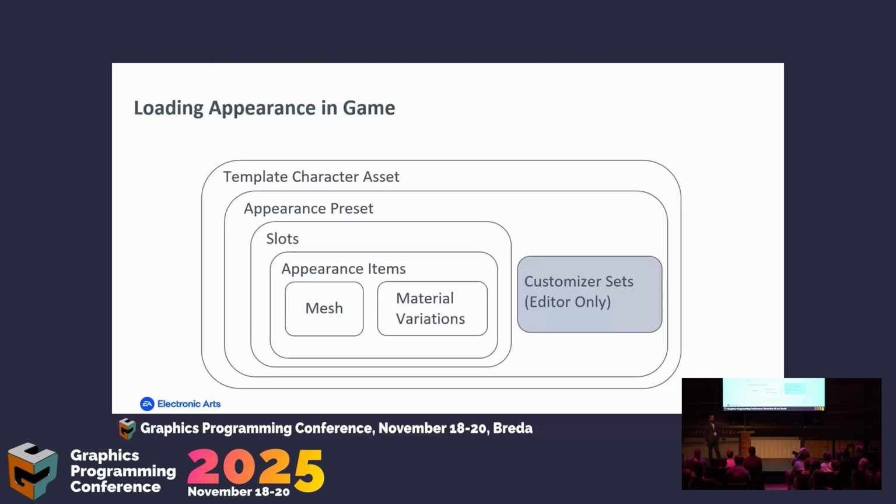For the appearance part, like I said, we had the appearance preset that we set using the editor that I just showed. And then it contains slots and appearance items, being the same as the mesh and material variations. We also had the customizer sets like I showed, but that was only on the editor side. For the in-game side, we had a different front end.